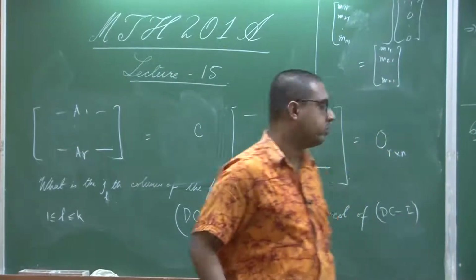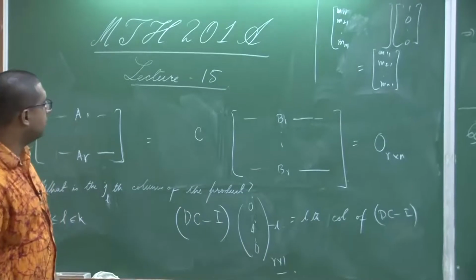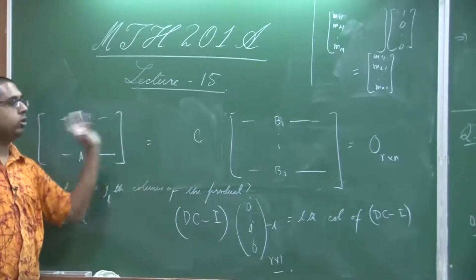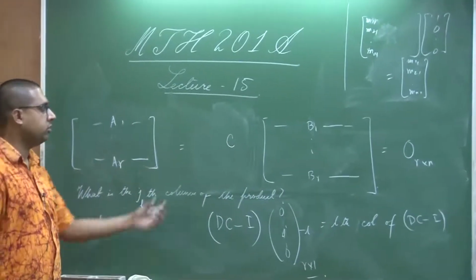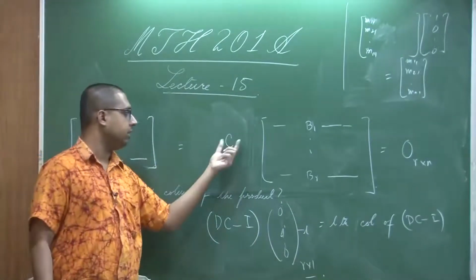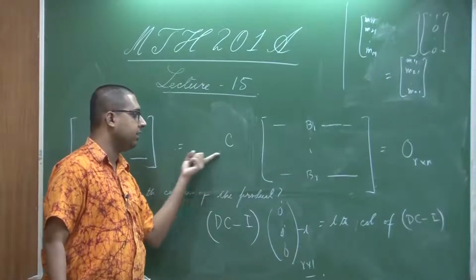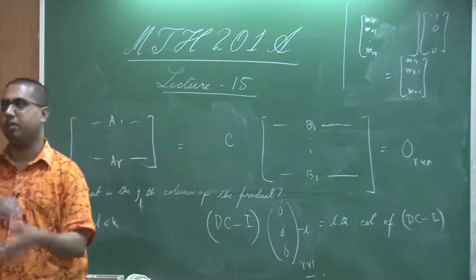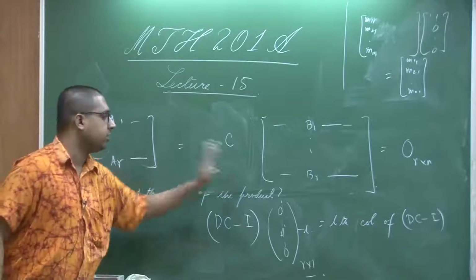Now, what I am going to say is that using this row equivalence, since C is invertible, as we have already proved, it is a product of elementary matrices, and that shows that these two matrices are row equivalent.